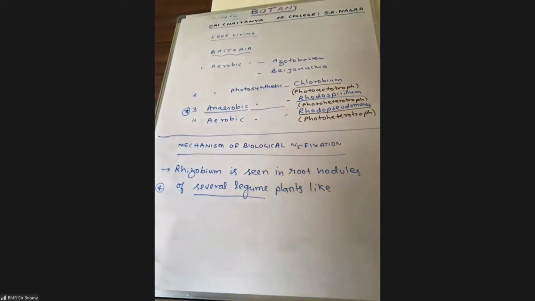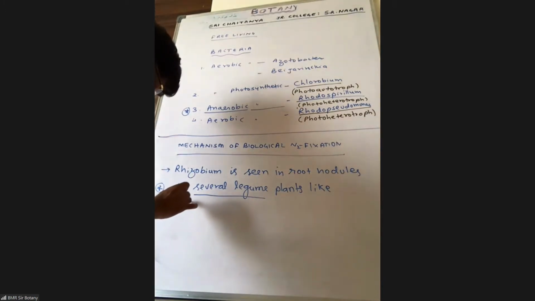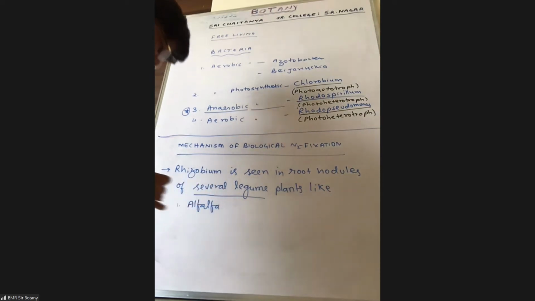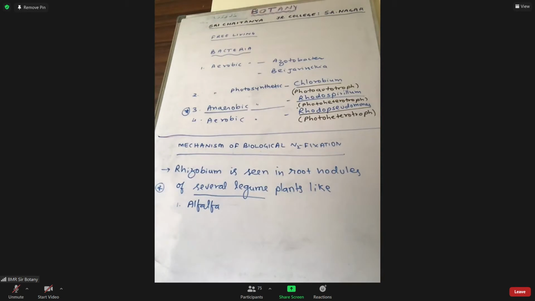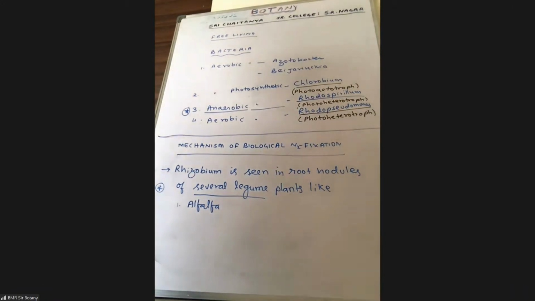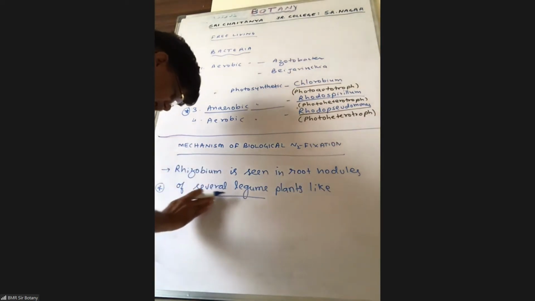There is a little additional material in Akash, but as far as this aspect is concerned, better to go with Akash only. But what is missed out from NCERT, we'll list out here. So 1 is alfalfa. No need to bother about scientific names. It is an unnecessary waste of time for you; they are not important. Alfalfa actually.